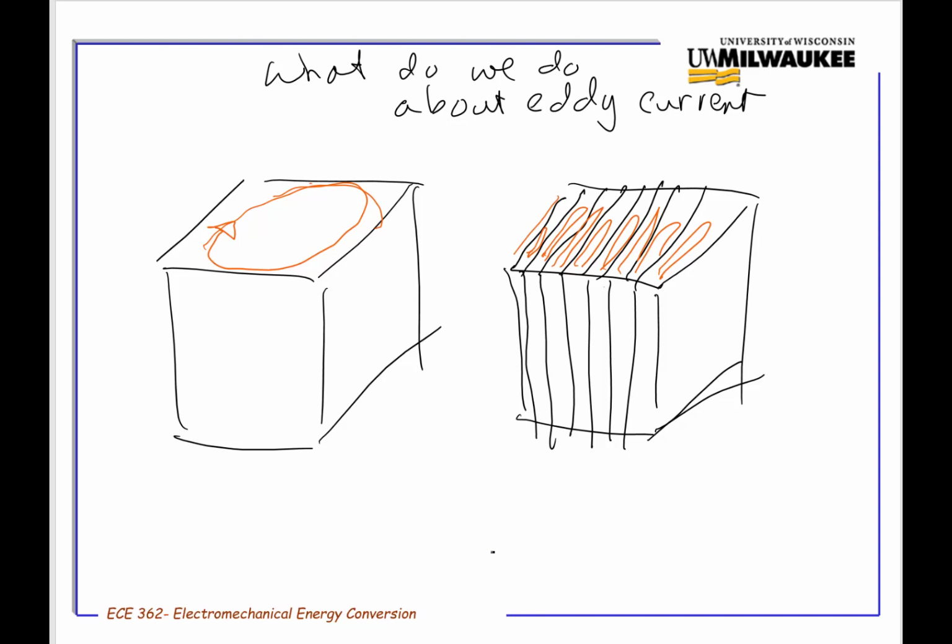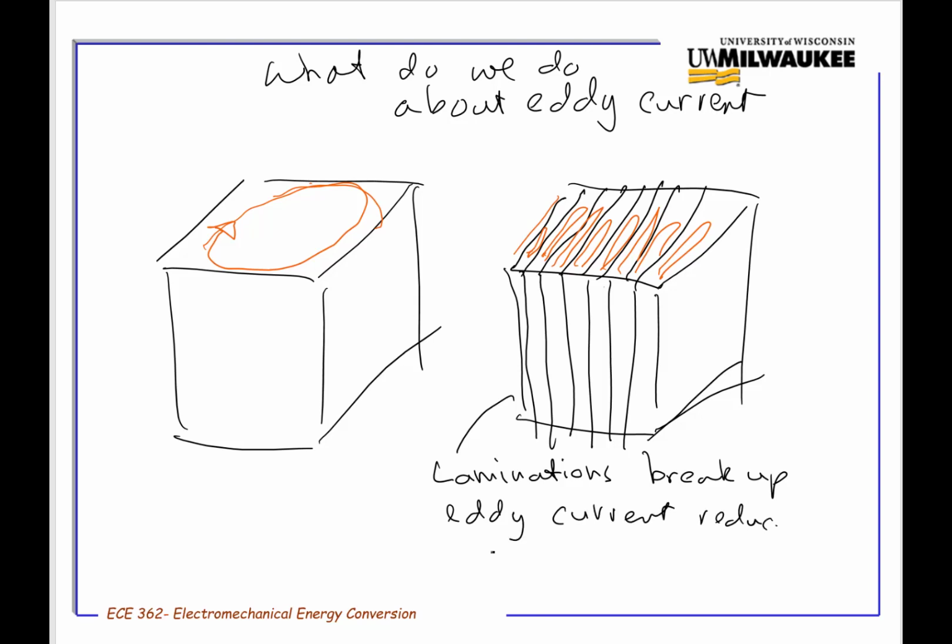Basically these are laminations. They break up the eddy current and they reduce the loss associated with it.